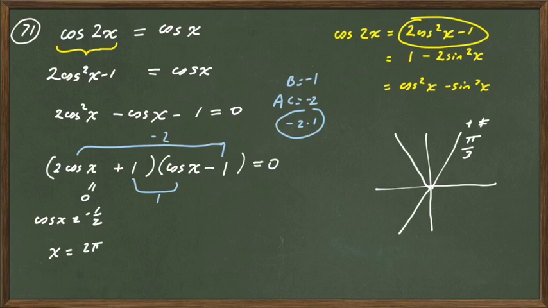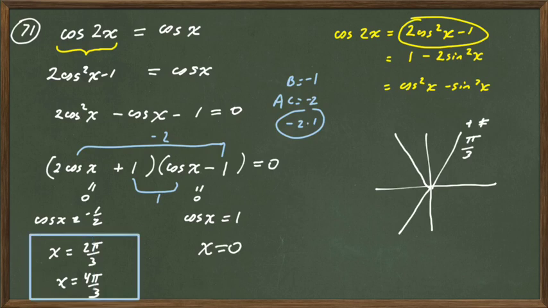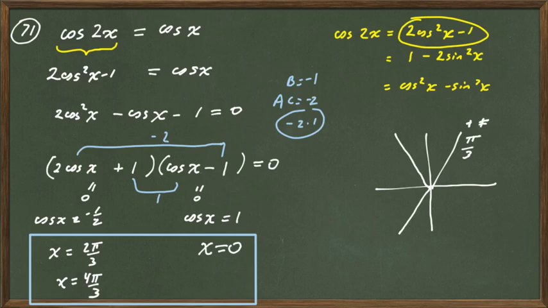So you have 2 pi over 3 and you have 4 pi over 3. How about this one? If you make this equal 0, cosine of x would equal 1. That happens at 0. Why don't I use 2 pi? Because your interval includes 0, but it does not include 2 pi.